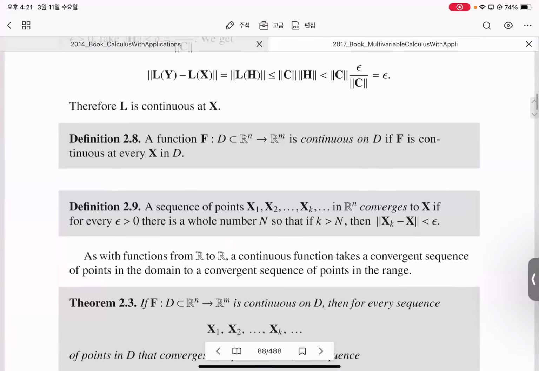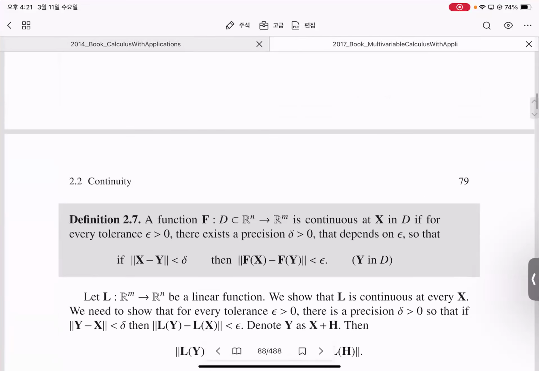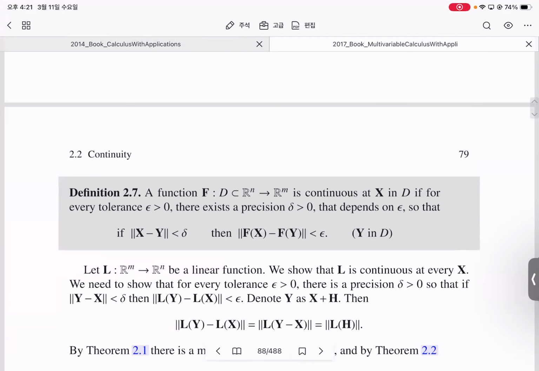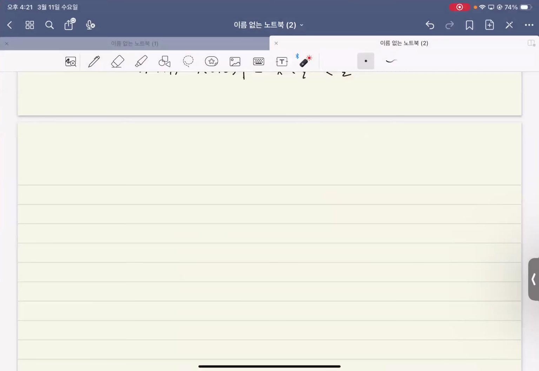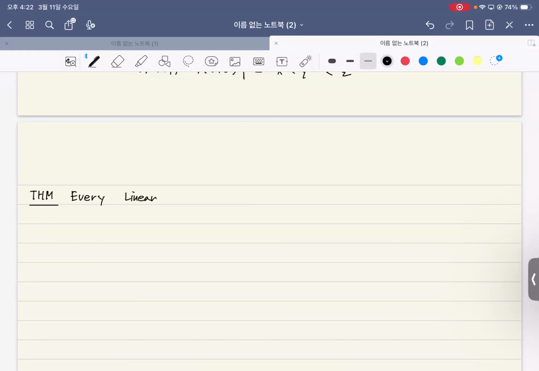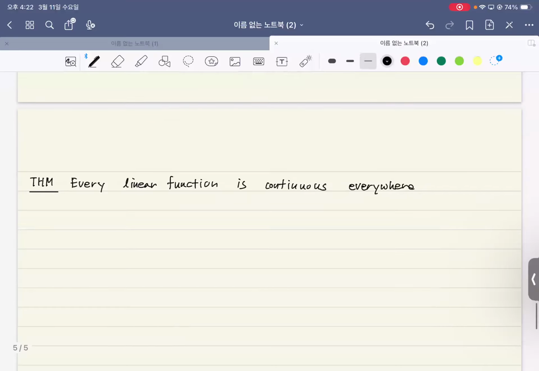The first one is: every linear function is continuous everywhere. A linear function has a very nice property.